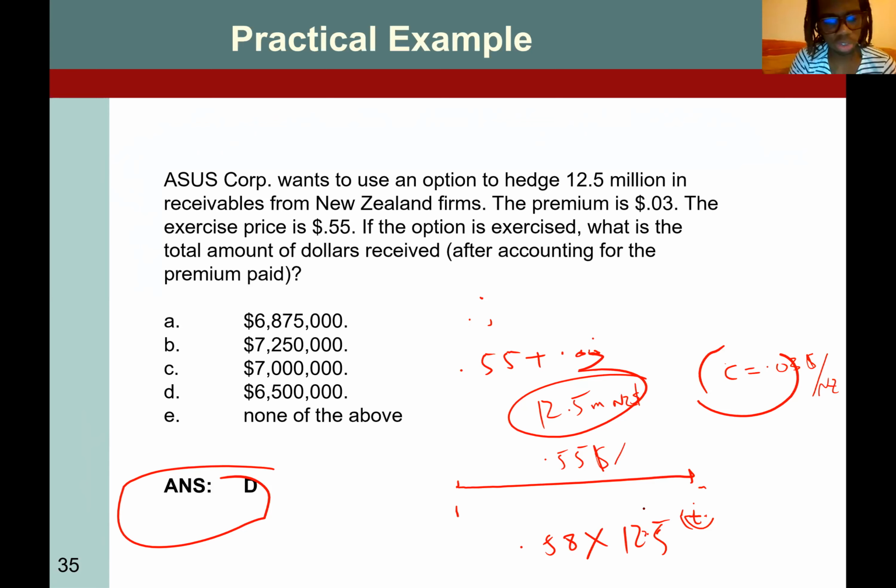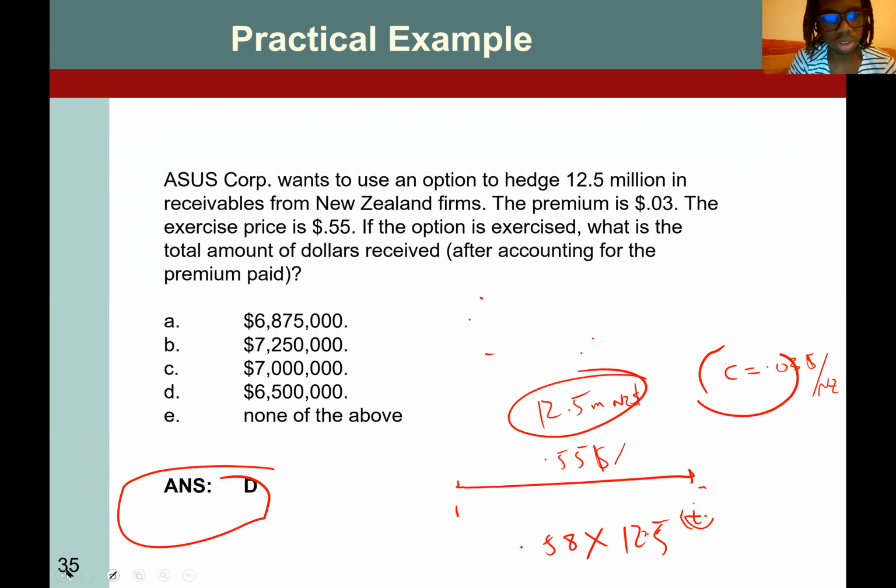First of all, none of the above. It should be minus because, let me erase it.